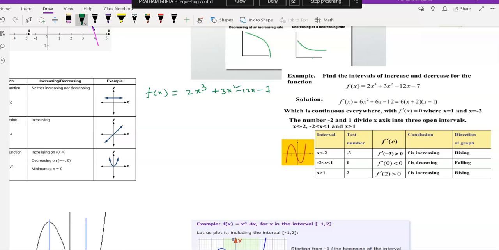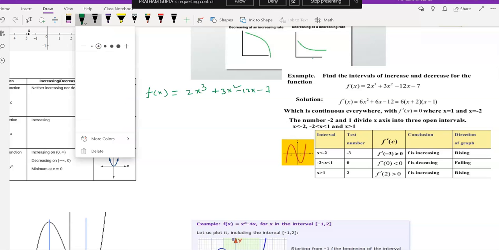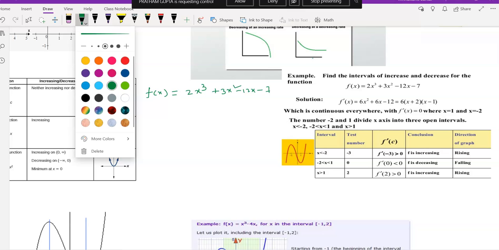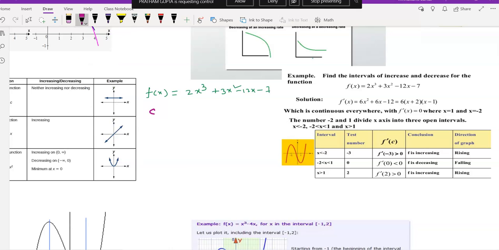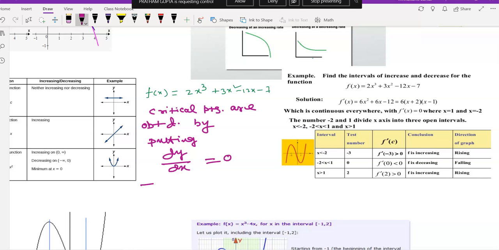Critical numbers, whatever you say, are obtained by putting dy by dx equal to 0. Put dy by dx equal to 0.